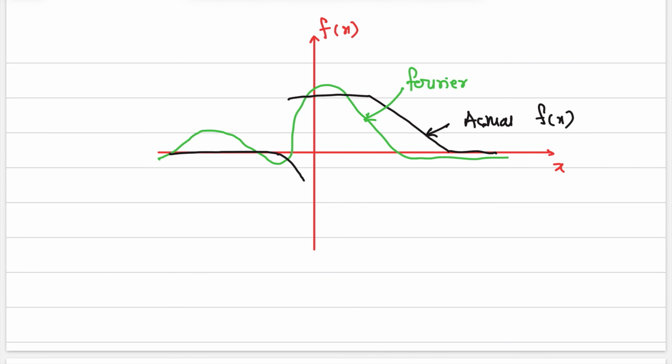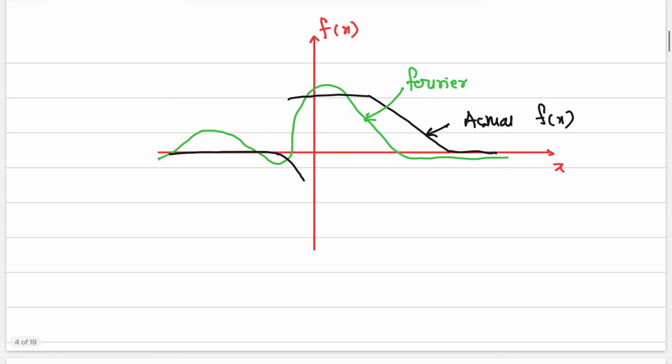And when the number of iterations goes on increasing, this Fourier series curve aligns with the given function x with some little differences. That is, Fourier series is an approximation.